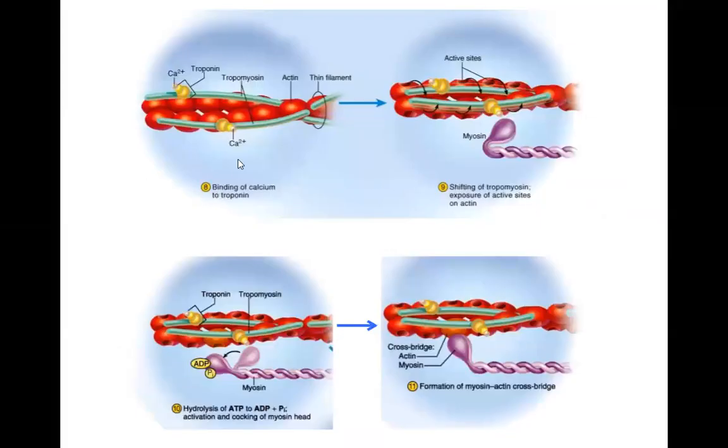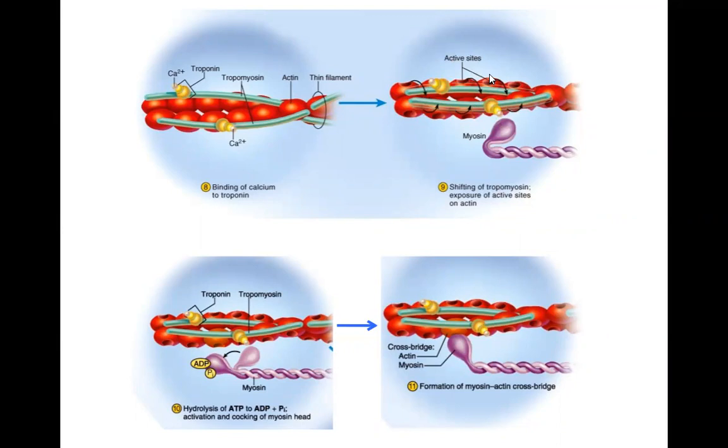Then that calcium binds to troponin, like we show here on this page. This figure I kind of already talked about is what happens next, where the calcium binding to troponin causes a shift in tropomyosin, exposing what it says here are active sites.